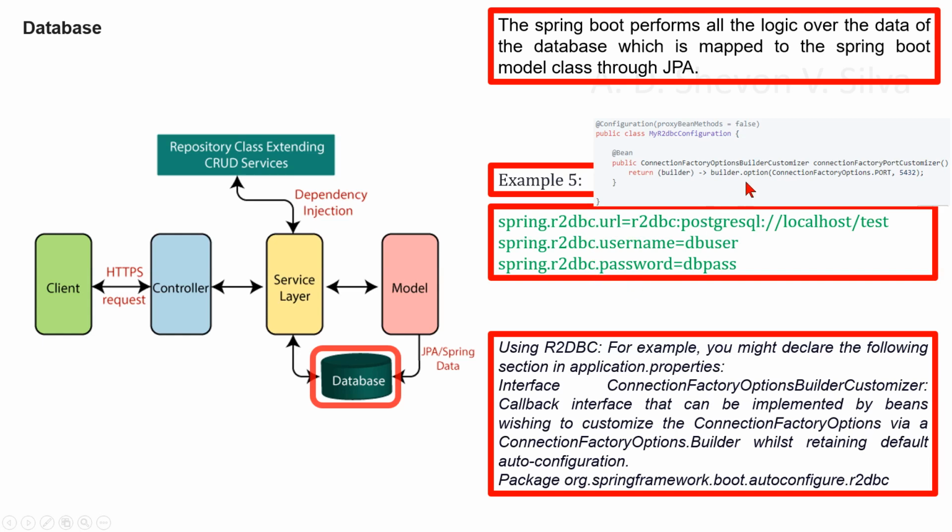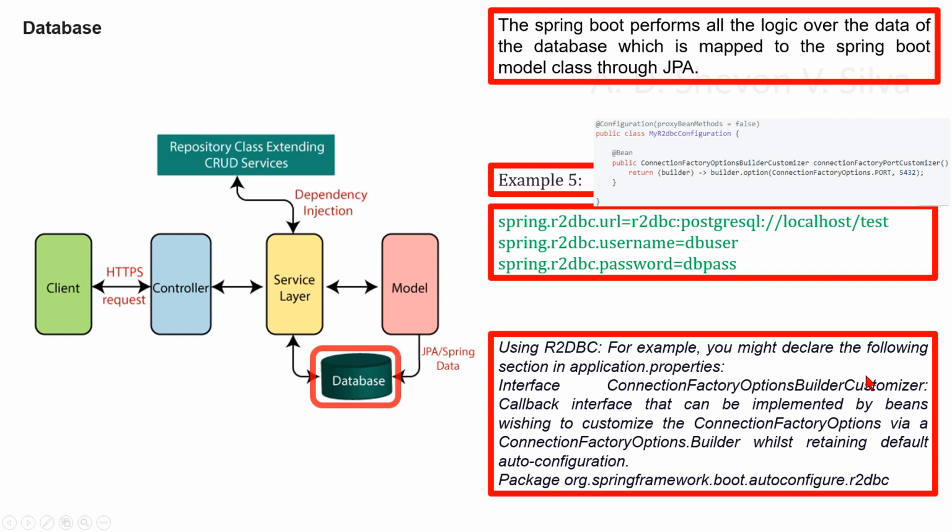The interface ConnectionFactoryOptionsBuilderCustomizer is a callback interface that can be implemented by beans wishing to customize ConnectionFactoryOptions via a ConnectionFactoryOptions.Builder whilst retaining default auto-configuration. This is in the package org.springframework.boot.autoconfigure.r2dbc.